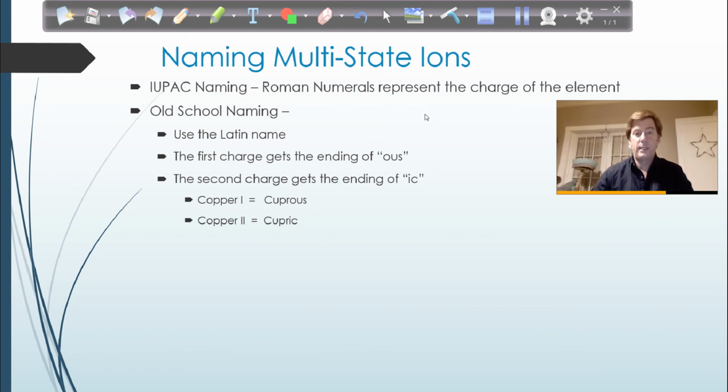So cuprum is its Latin name, and so cuprus and cupric are the old way of saying the positive 1 and the positive 2 charge of copper. So iron's Latin name is ferrum. So iron 2 is the first one of the two. It's got a +2 and a +3. So this is the ferrous, and then the iron 3 would be ferric.